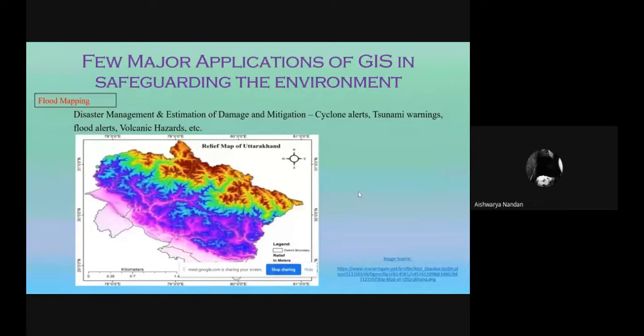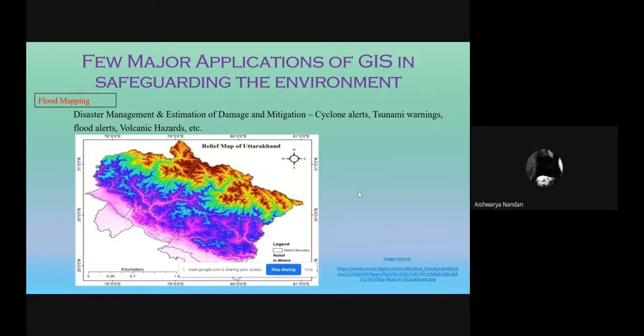Some major applications of GIS with respect to safeguarding the environment, one widely used application is flood mapping. From the digital elevation model, which is downloadable as a TIFF image, you can find which areas of a particular region are more prone to flood and which will be less prone.